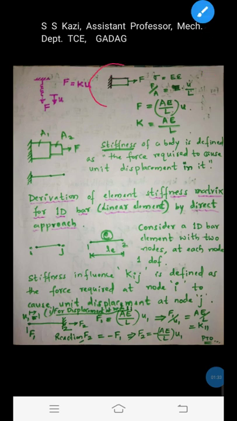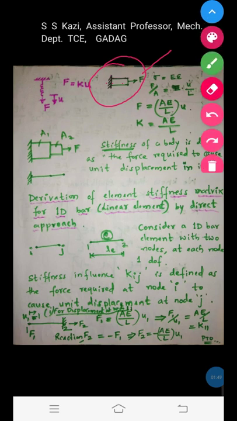Let us consider a simple bar subjected to an axial force F. Here each location of the bar will have the freedom to displace along the direction of force F, that is only in one direction.